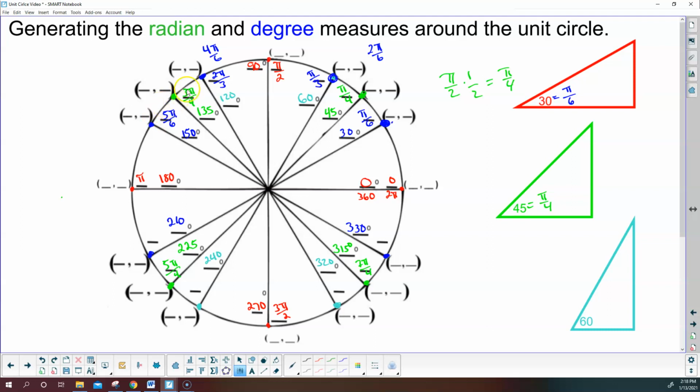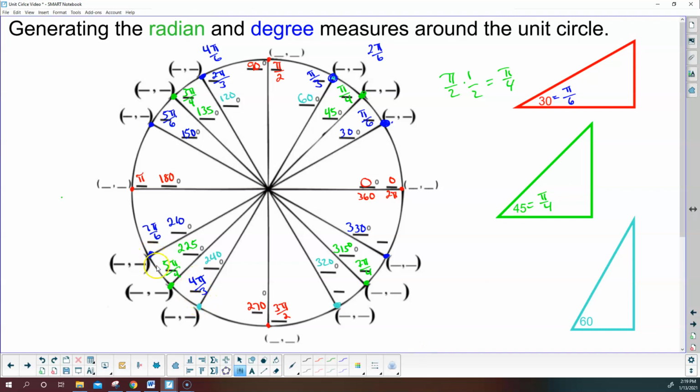And if you haven't done so already, you should pause the video and just continue on and find all the rest of the angles. All right, so I'm going to finish up here. So this would be 6 pi over 6, but we're just going to leave it as pi because 6 is reduced out. And then I would go another pi over 6, so 7 pi over 6. And then I would go 8 pi over 6, but I know that 8 over 6 reduces down to 4/3, so 4 pi over 3.